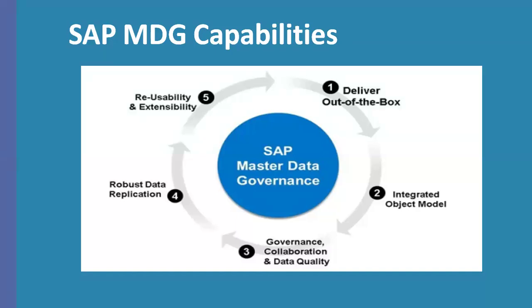And everything in MDG we do is through an MDG change request. What is a change request? For understanding's sake, it's like a form. You fill up the form, you process that form, it goes through several levels of approvals, and finally, after all the approvals, the data will be created for you.